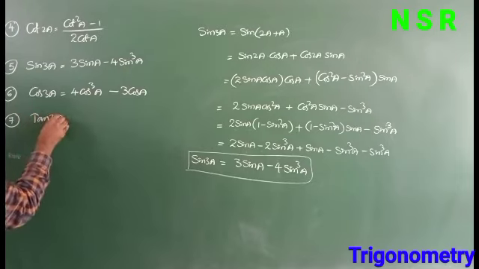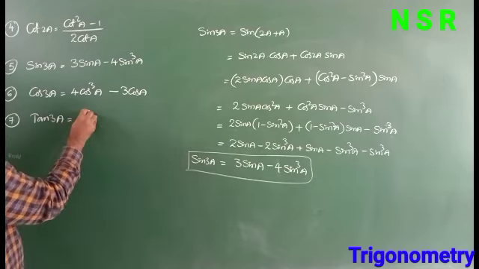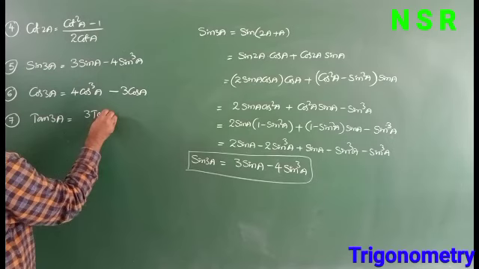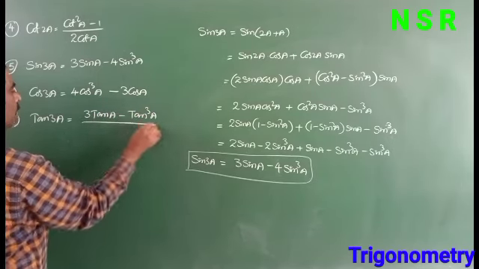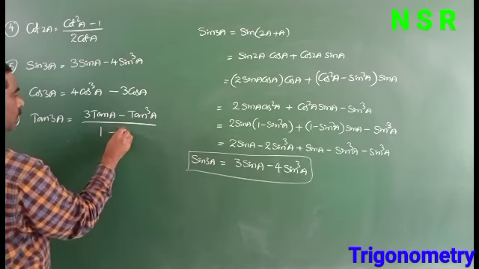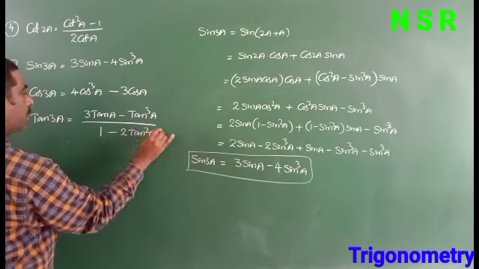Next, tan 3a. Tan 3a is also the same: tan of 2a plus a, apply the tan a plus b formula. So we get tan 3a equal to 3 tan a minus tan cube a by 1 minus 3 tan square a.